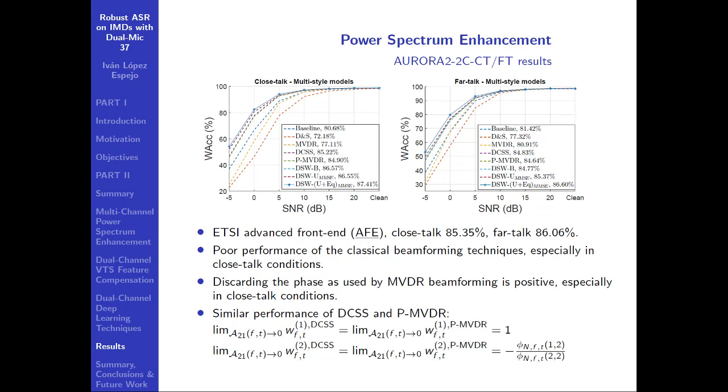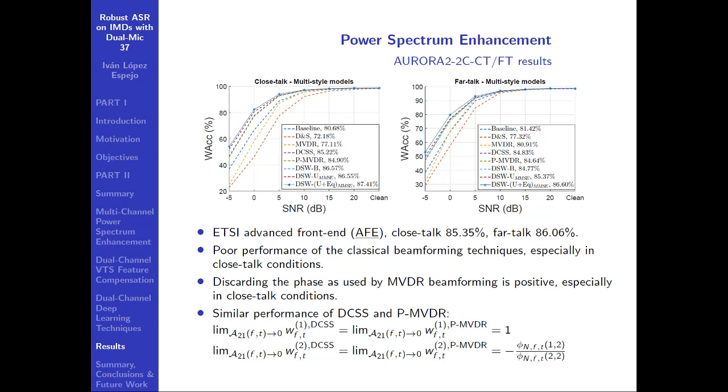conditions. Finally, we can see that dual channel spectral subtraction and PMVDR provide similar results. We can express these techniques in terms of dual channel linear combination, and it is easy to show that the corresponding weights tend to be the same as the speech gain term tends to 0, something happening in our case as speech is much attenuated at the secondary microphone with respect to the primary one.